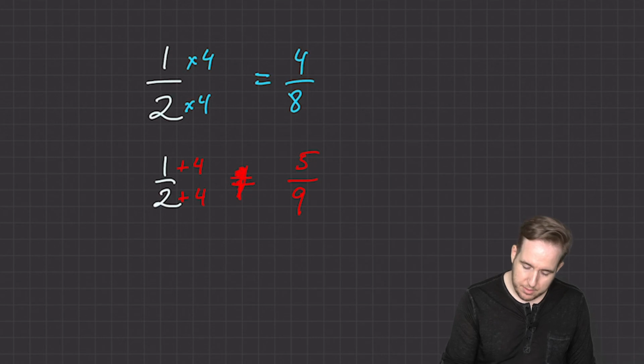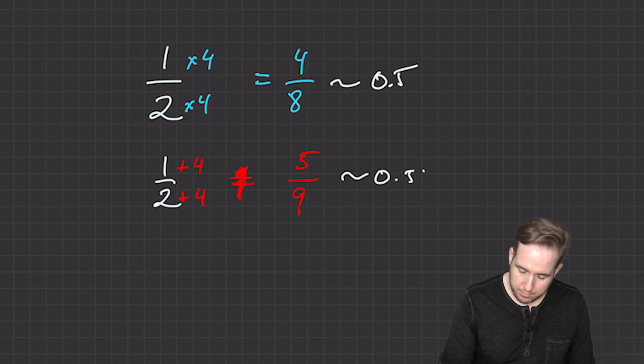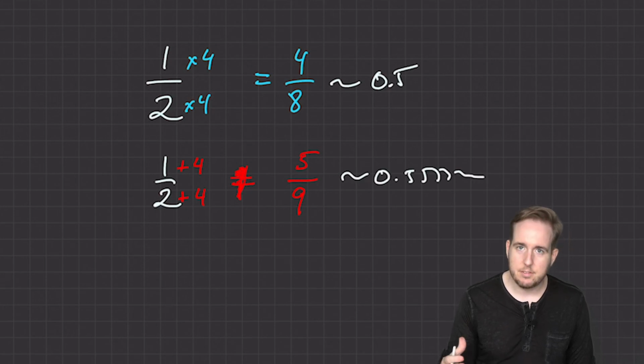And if you type this into a calculator, you get 0.5. And if you type this into a calculator, you get 0.5555. So it doesn't really work. The other thing you can't do is you can't subtract.